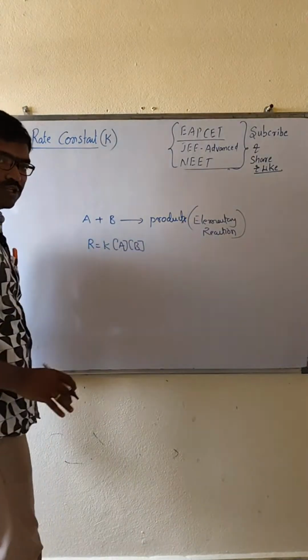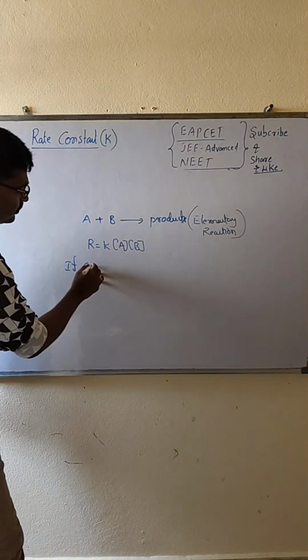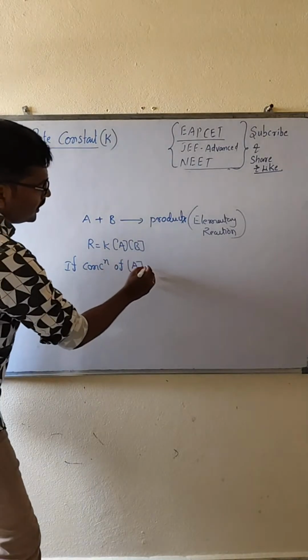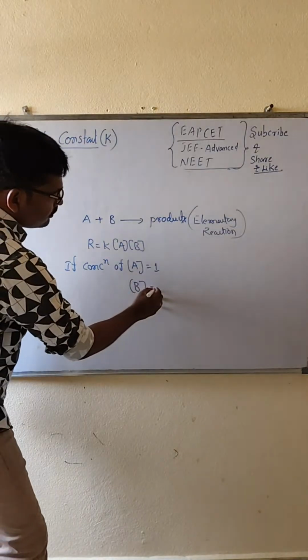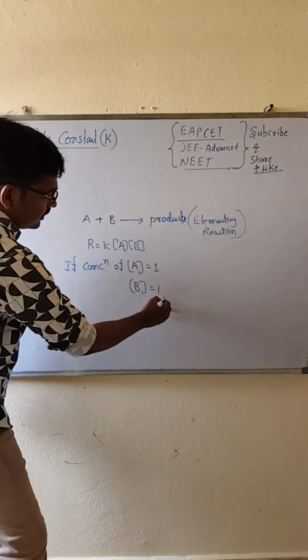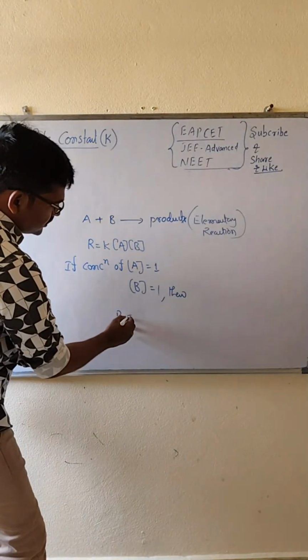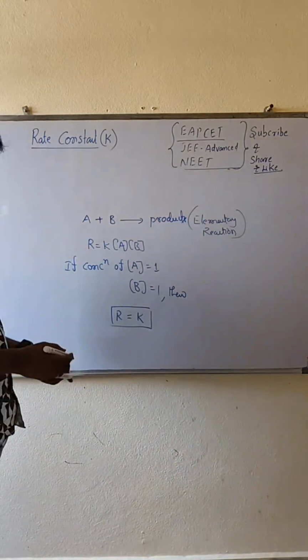If the concentration of A equals 1 and the concentration of B equals 1, then the rate of reaction equals k. We represent the rate of reaction as k.